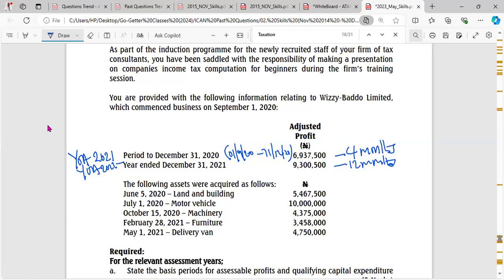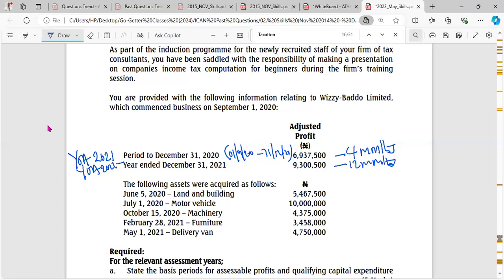When there is a gap, the period of gap belongs to the later period, unless we are dealing with the cessation rule, where the period of gap would belong to the earlier.